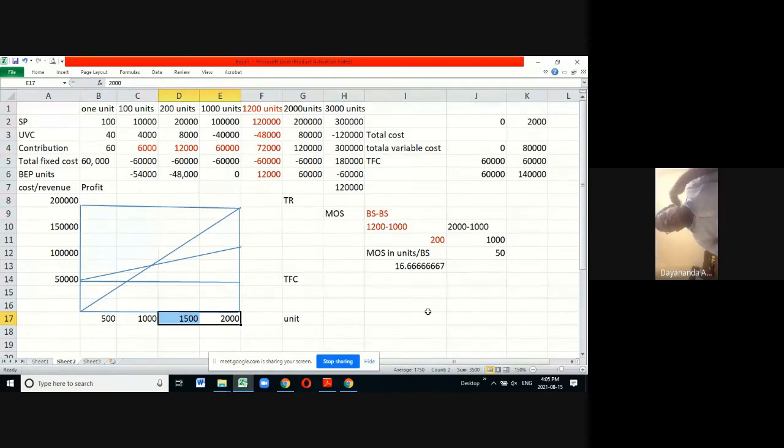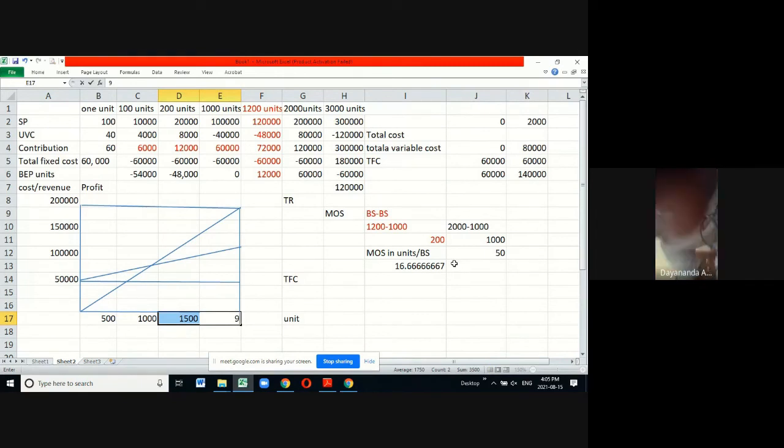What would happen to the profit? That is the answer. So margin of safety measures the sensitivity of your operation. That is the point which I want to highlight.